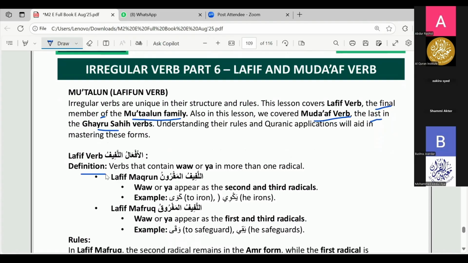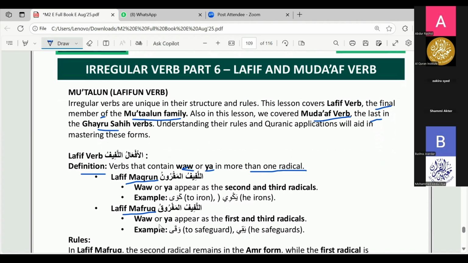The definition is when waw and ya appear as more than one radical. They can come in two different places, and depending on that, it is divided into two groups. The first is lafif makrun, and the other is lafif mafruk. Makrun we can remember like karib, close: two radicals close to each other.